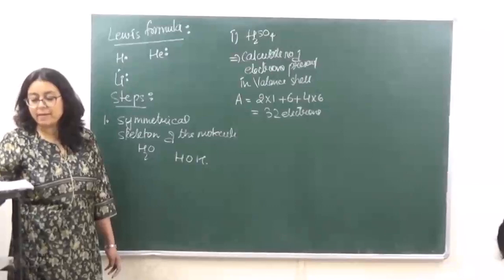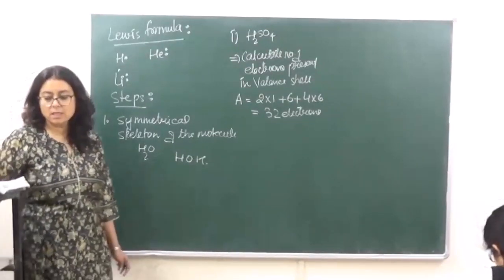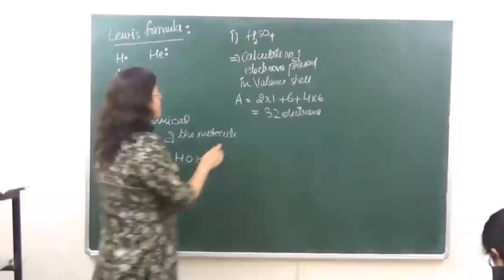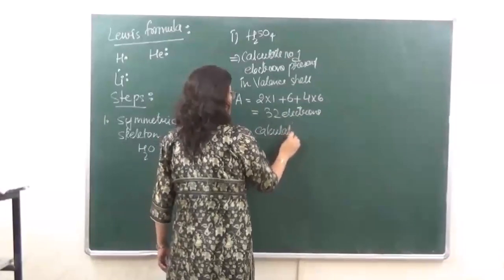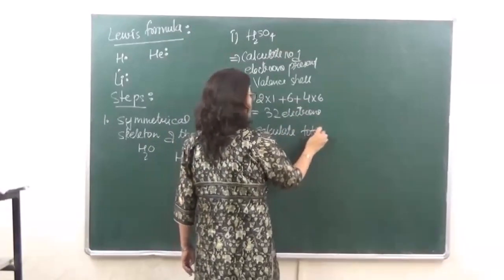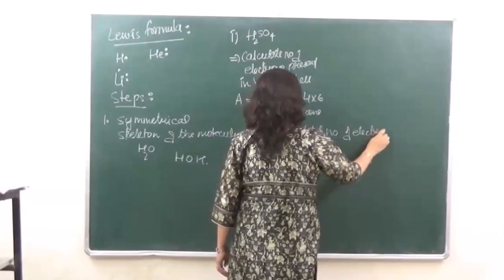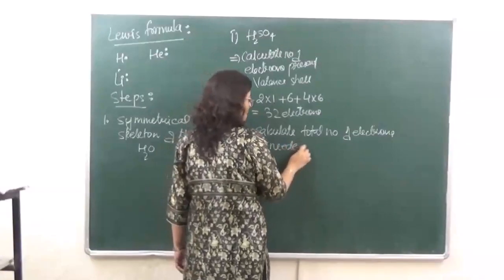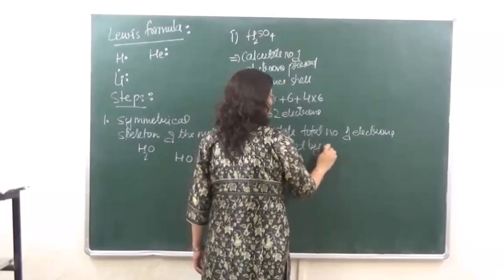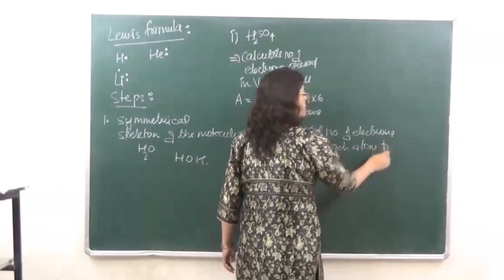Then in the second step, you need to calculate the total number of electrons needed by each atom to complete its octet.